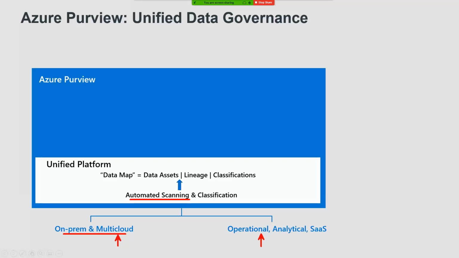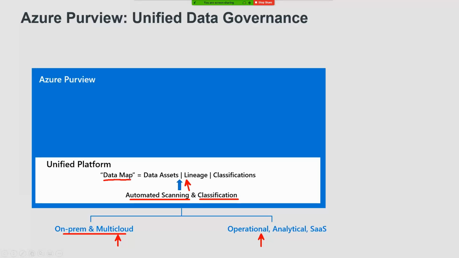Afterwards, the next step is the classification. Let Azure Purview look at the data to find columns in your database that contain email addresses, passport numbers, credit card numbers, and so on and so forth. And the output of that part is the data map.